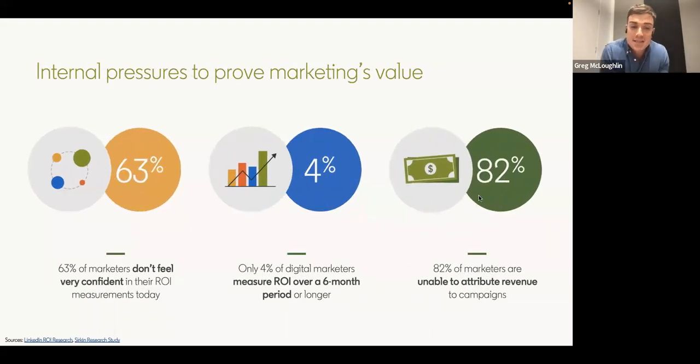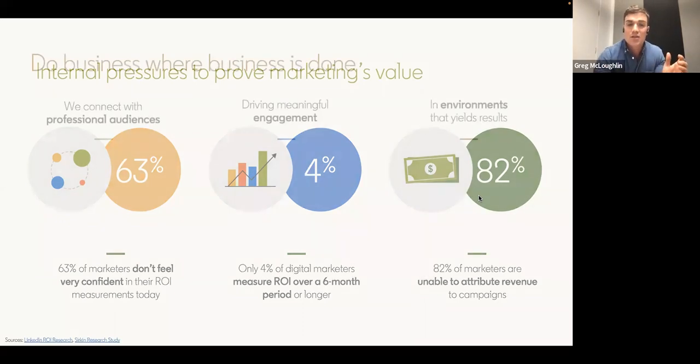Even just the statistics here: 63% of marketers don't feel very confident in their ROI measurements today, and 82% of marketers are unable to attribute revenue to campaigns. It's one of the biggest pieces we work on with clients. There are tons of options for you to choose from, but it is a big looming challenge.